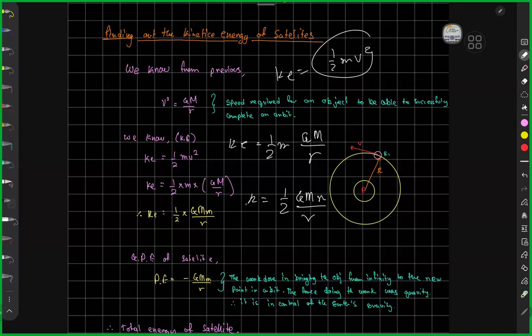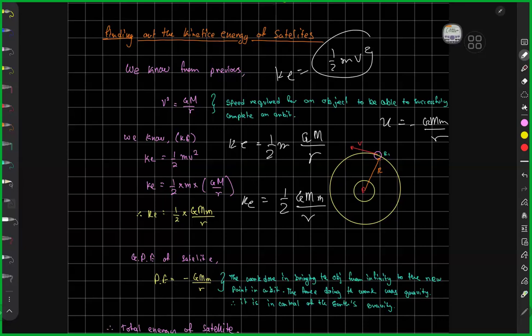Why does it seem so similar? Half GMm by r. What is potential energy, my friend? What is the gravitational potential energy? Negative GMm by r. Isn't it? So my kinetic energy, by the beauty of nature, is simply half of the gravitational potential energy. Isn't that amazing?